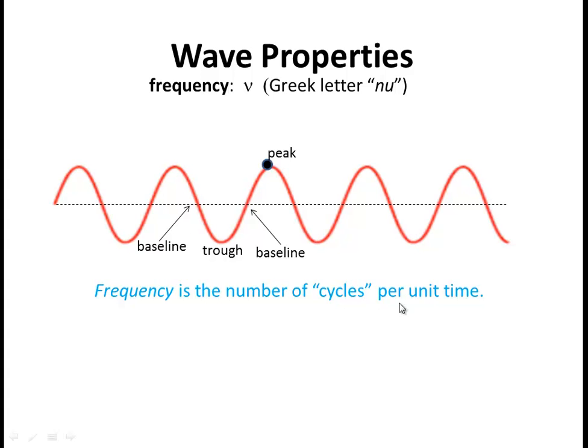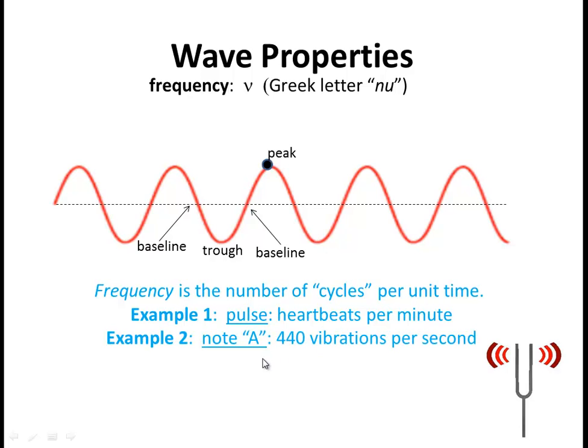Now let me give a couple examples of more familiar types of frequencies. Your pulse rate, the number of heartbeats per minute, is an example of a frequency in a sense. If your pulse rate is 60, that means your heart beats 60 times per minute. If you consider one heartbeat to be like one cycle, then that's how many cycles per unit time, per minute.